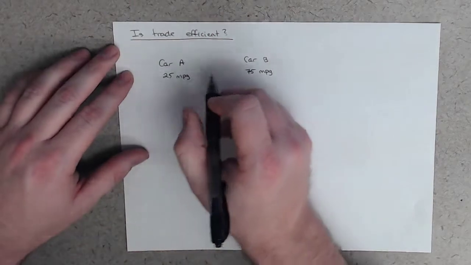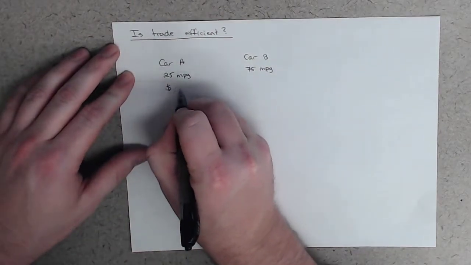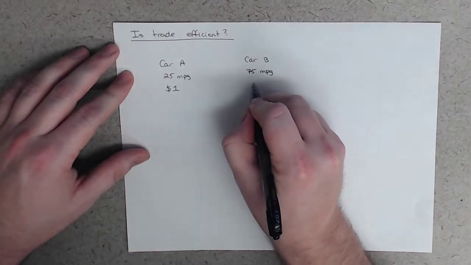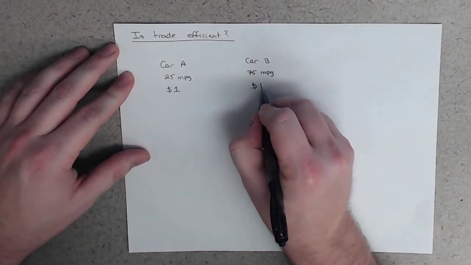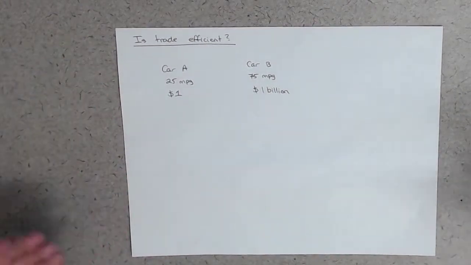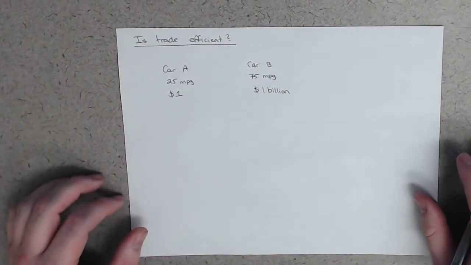So what if the first car only cost $1, but the second car cost, let's say, $1 billion? Right? Then what would you say? Which car is more efficient? Right?